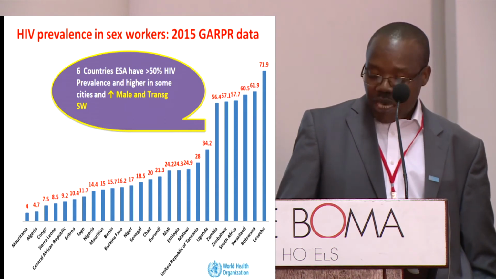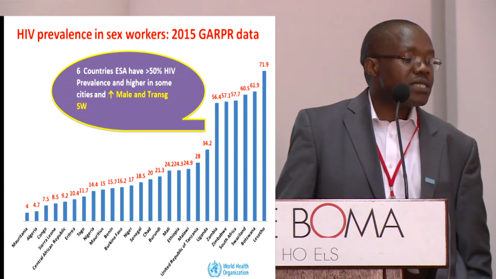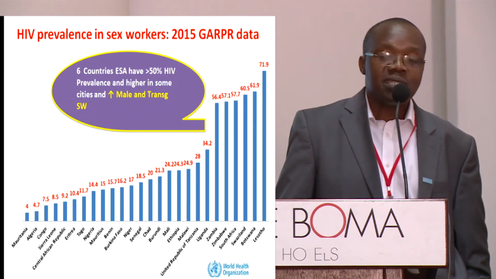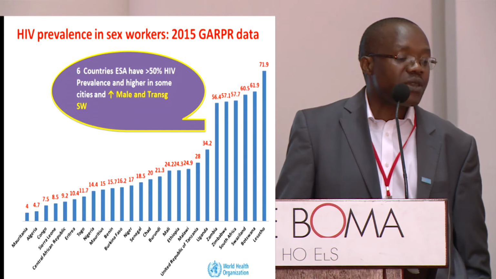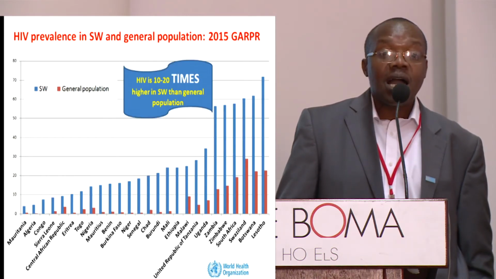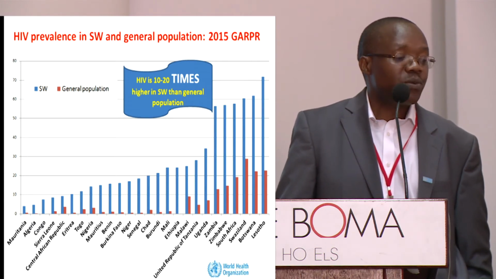If we compare with the general population, HIV in sex workers is 10 to 20 times higher. So you can see how the HIV burden is in this group.